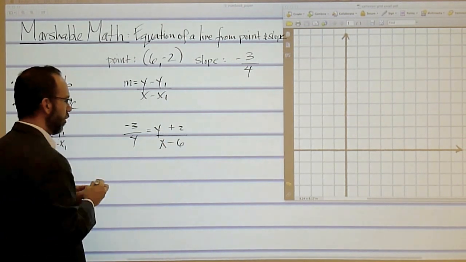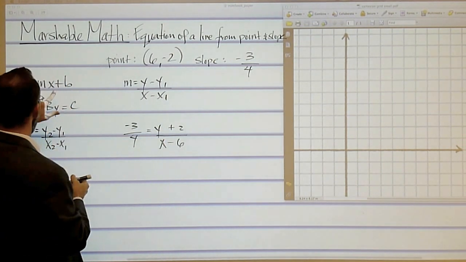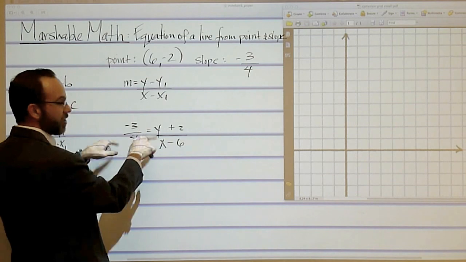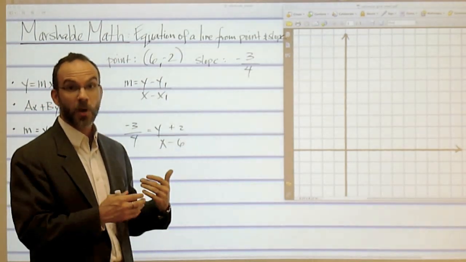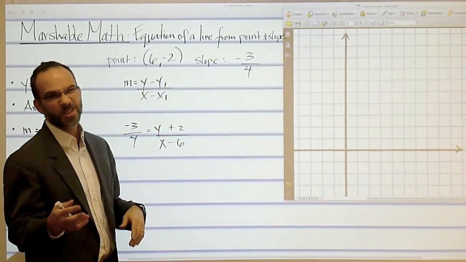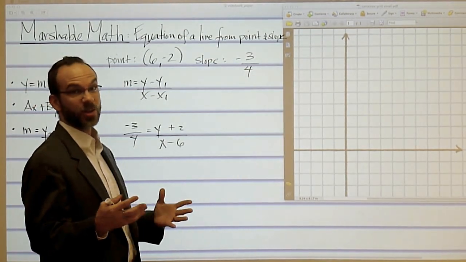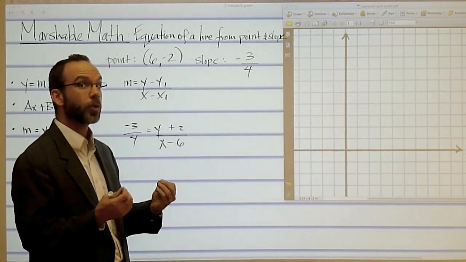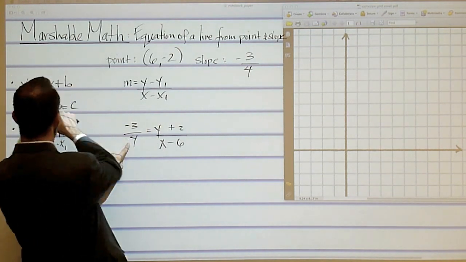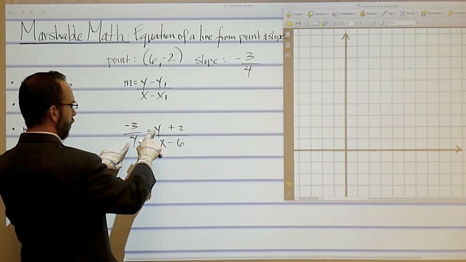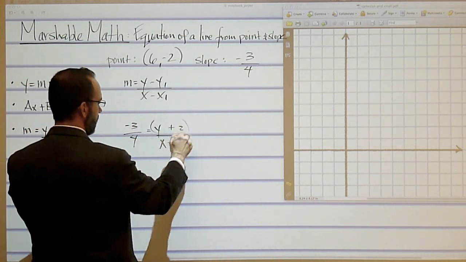So now, how do I solve this then? I want to solve it for y. Notice I've actually got a proportion here, right? Remember, how do you solve proportions? You set the cross products equal to each other. Maybe in 6th grade they told you something simplistic like cross multiply, but what we're going to do is we're going to set the cross products equal to each other. So let me do the y on the left because that's how I want it to show up over here. I'm going to take 4 times this group. Remember, these are quantities.